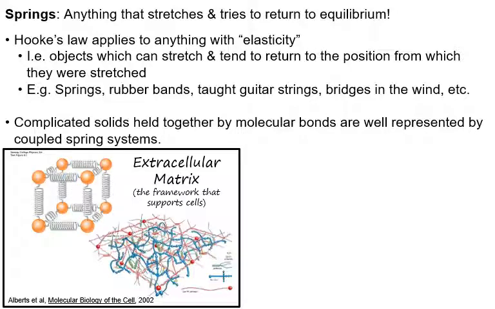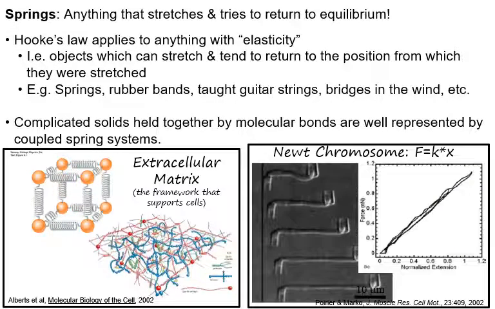So for instance, when you're talking about the extracellular matrix that supports cells, this is often modeled as, rather than having a bunch of molecules that are connected by molecular bonds, you basically treat each molecule as a node and the bonds between them as a spring, and you can model how this thing is physically going to behave based on this spring system, which is kind of amazing.